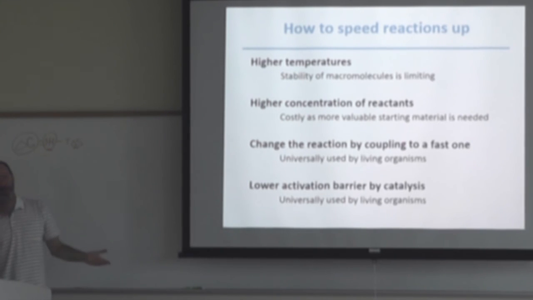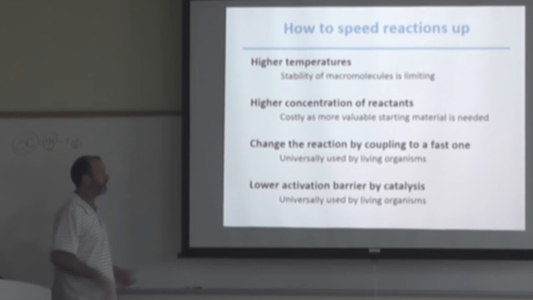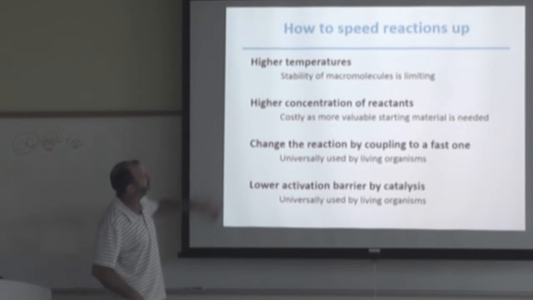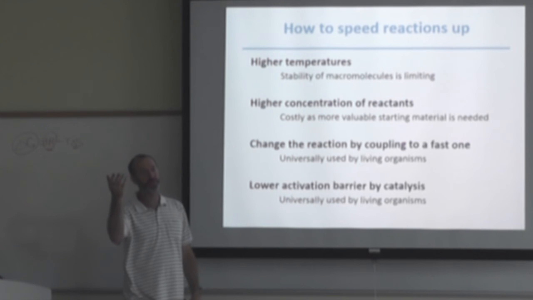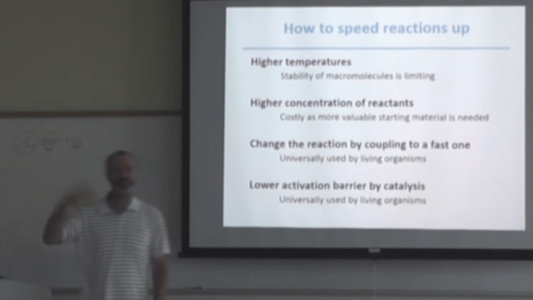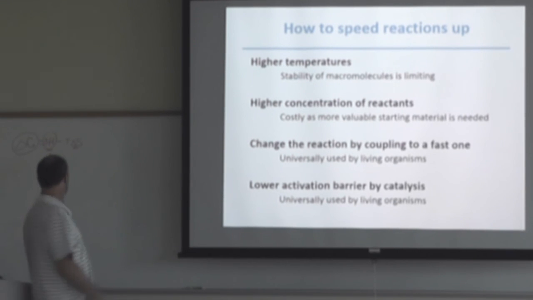So how do you speed up reactions? We already talked about this a little bit. Lower the activation energy. One way we typically do in general chemistry is we raise the temperature to speed up the reaction. What does that do? It raises the average amount of kinetic energy those molecules have. You guys familiar with the reaction coordinate?